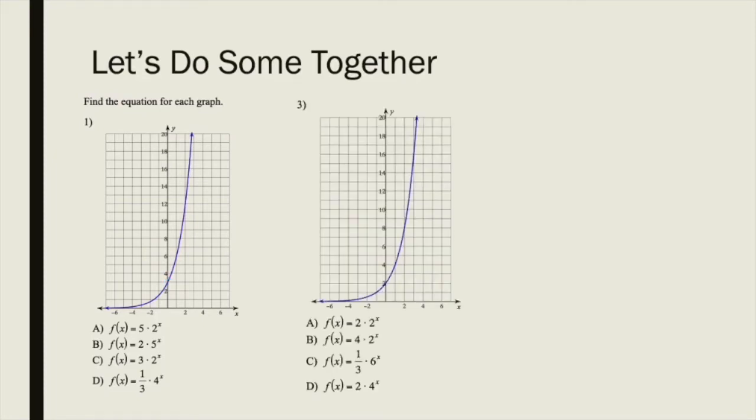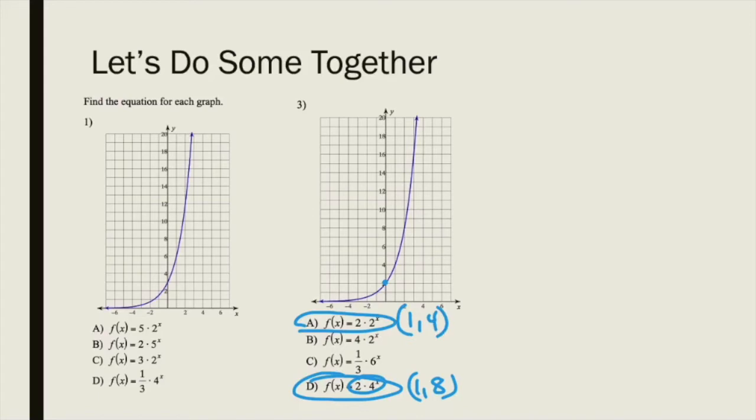Number 3. What's the y-intercept on number 3? 2. Is there any with 2 as the y-intercept? I have 2 possibilities for mine. Do you still have 2 possibilities? Yes. So which is it? A or... so what I do is 1 comma 8, and this will be 1 comma 4.